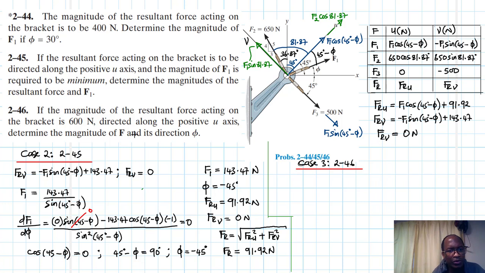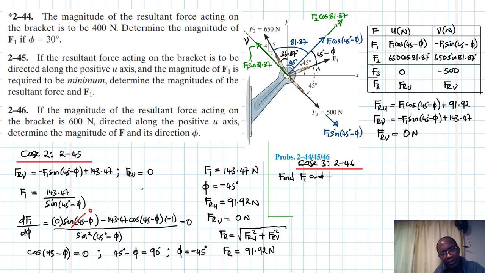Alright, so this one should be F1, right? Okay, so that is F1. So we want to find F1 and phi. This is what we want to find.